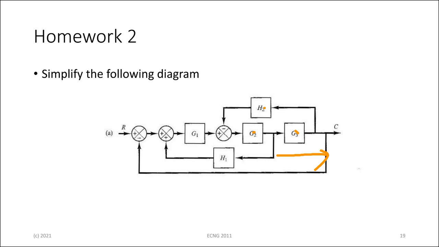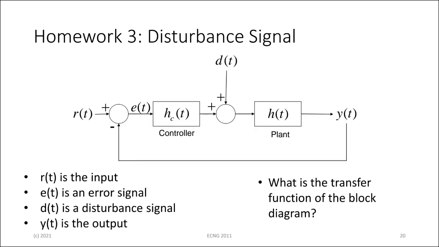let's have a look at a little variation of this now. This is a situation where you have a disturbance coming in. Now, this is something that you will encounter quite a bit in your controls as you go through.